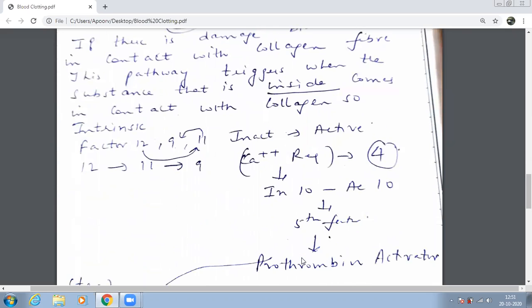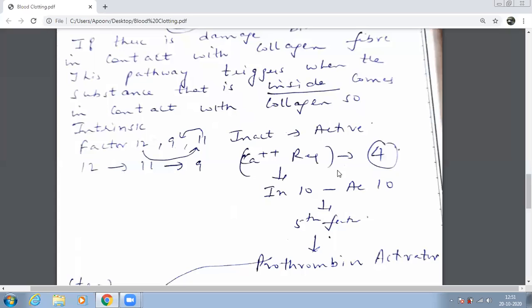Let's come to the intrinsic pathway now. You have certain factors. First, factor 12 comes into role. Inactive factor 12 converts to active factor 12, then inactive factor 11 to active factor 11, then inactive 9 to active 9. You don't need to learn so much. Just remember that inactive factors are converted to active factors in the intrinsic pathway.